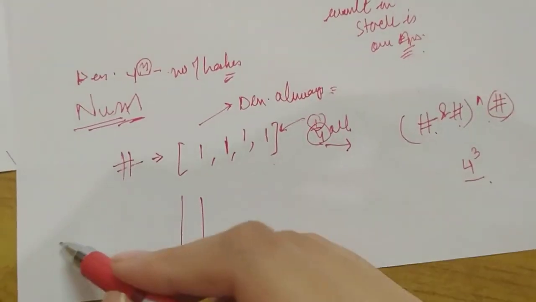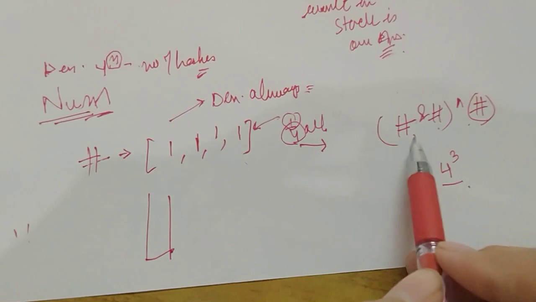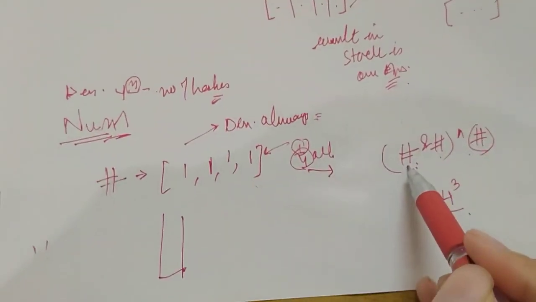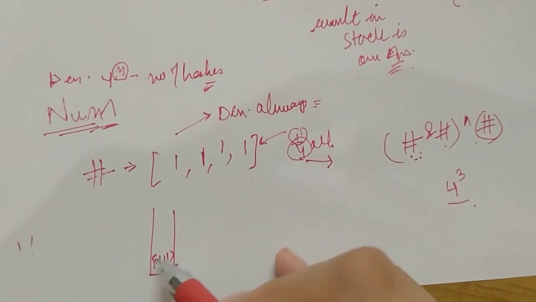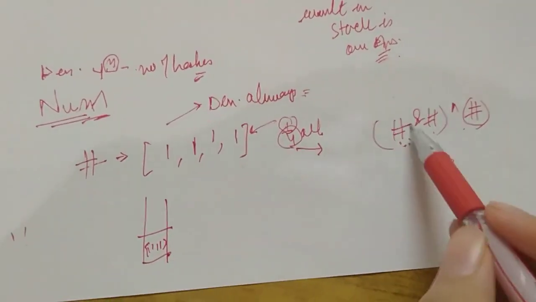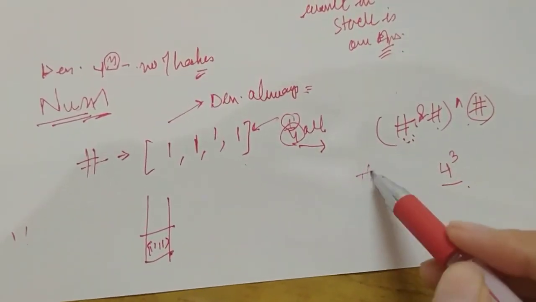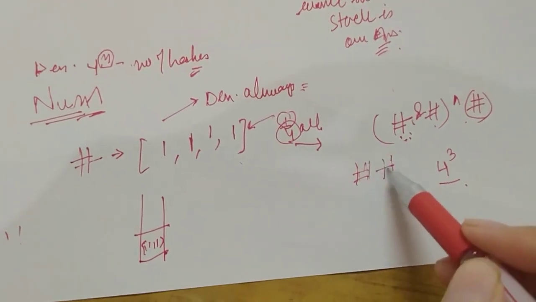So initially when we got a string like this, we got hash, so we push the array 1 1 1 1 into the stack. Its postfix will look like this.